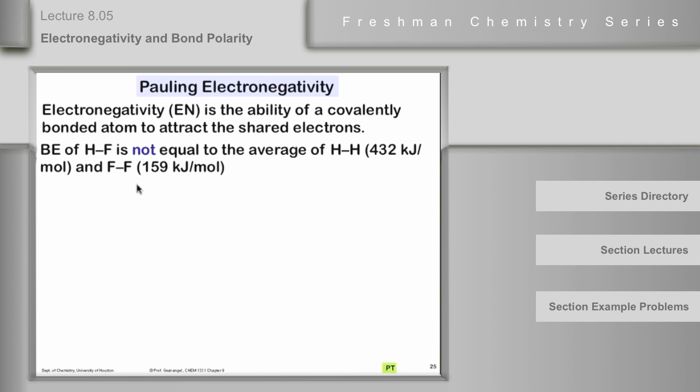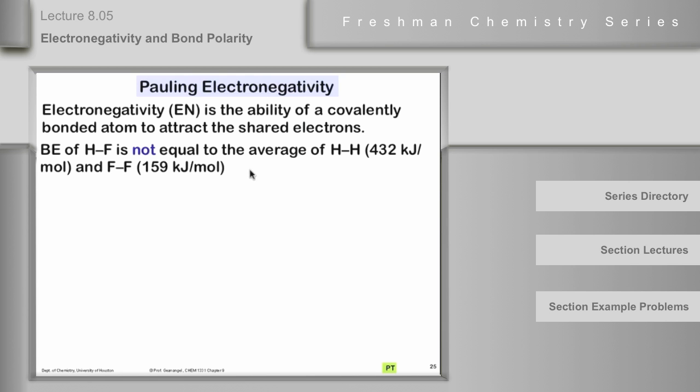If all there was to the bond energy of diatomic molecules was the covalent part, it might be reasonable to expect that HF would have a bond energy somewhere between 432 for H2 and 159 for F2.